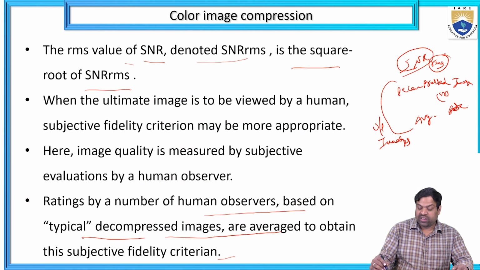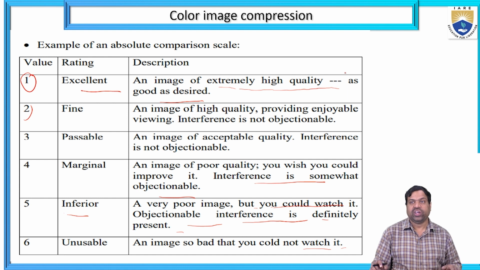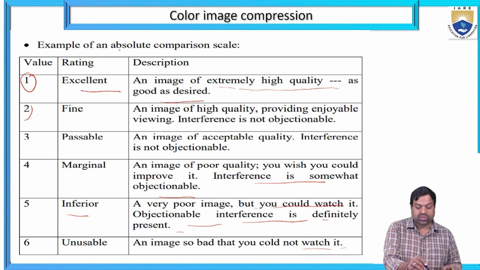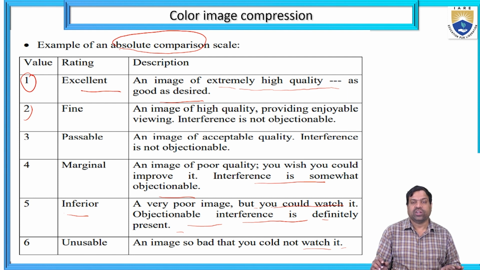So how are we rating the error images? I am taking the values 1, 2, 3, 4, 5 like this. If the value equals 1, it is excellent, there are no errors, an extremely high quality image. If the value is 2, I am taking an absolute comparison of the image compression. That is fine, not excellent but good: an image of high quality providing enjoyable viewing, and interference is not objectionable.